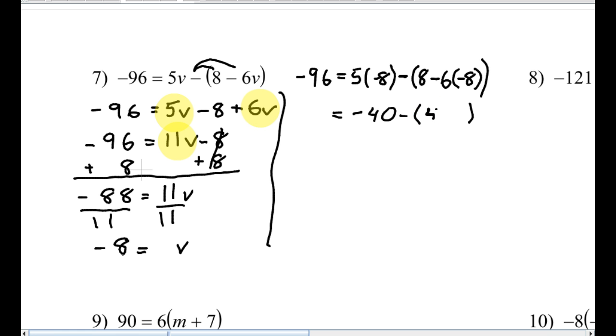Yeah, 48. 56. -40 minus 56 equals -96. There you go. Same thing on both sides. Checks out. So it turned out like, oh, I got to check it too. Well, look how it wasn't super long. It didn't take up all our time. And then, of course, oh, you got it right.